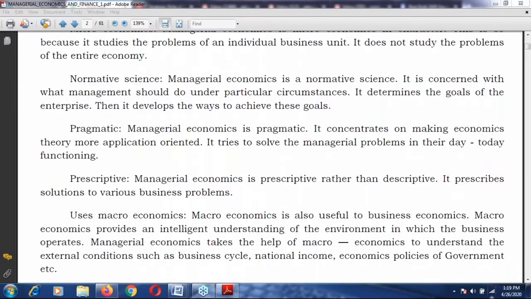Now we have managerial economics and operations research. Operations research and managerial economics are related to a certain extent because of their operational and calculative nature. Operations research is the application of mathematical and statistical techniques in solving business problems.